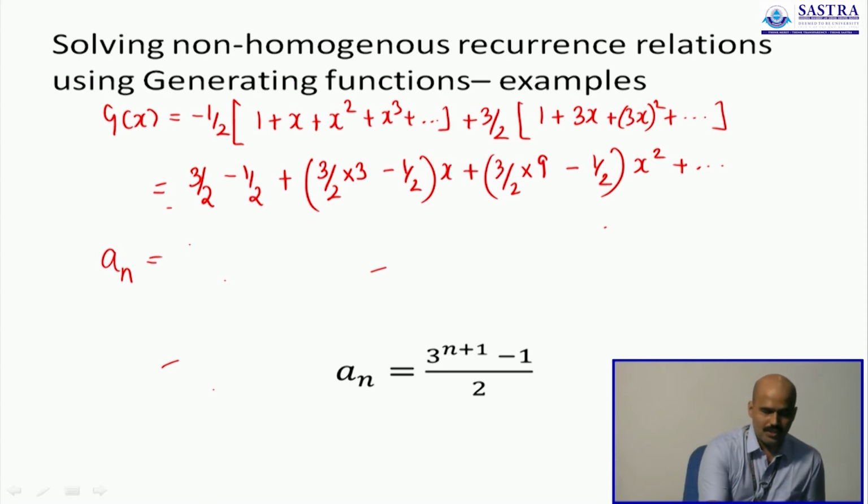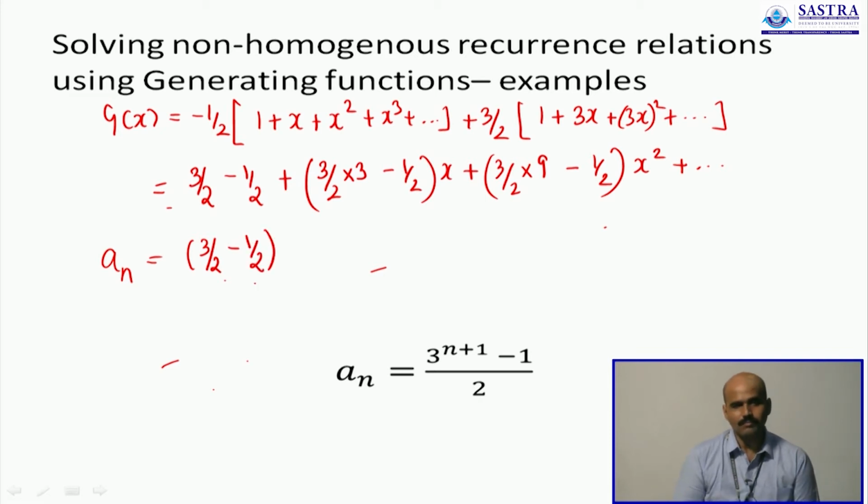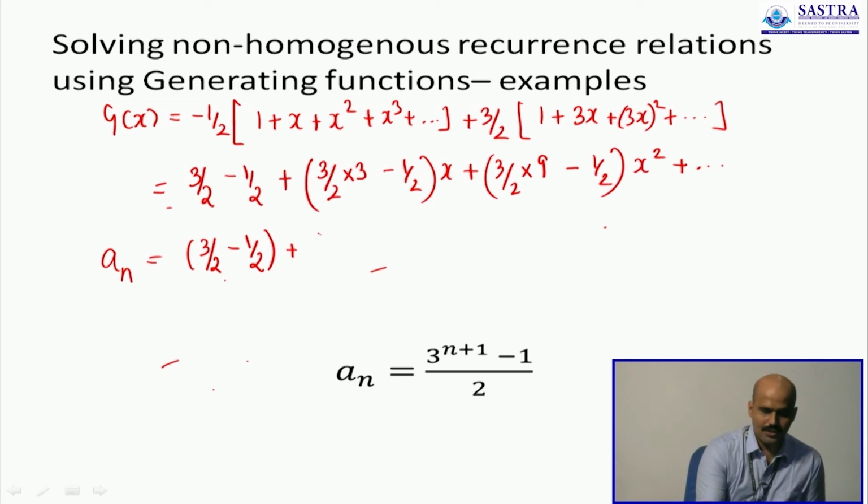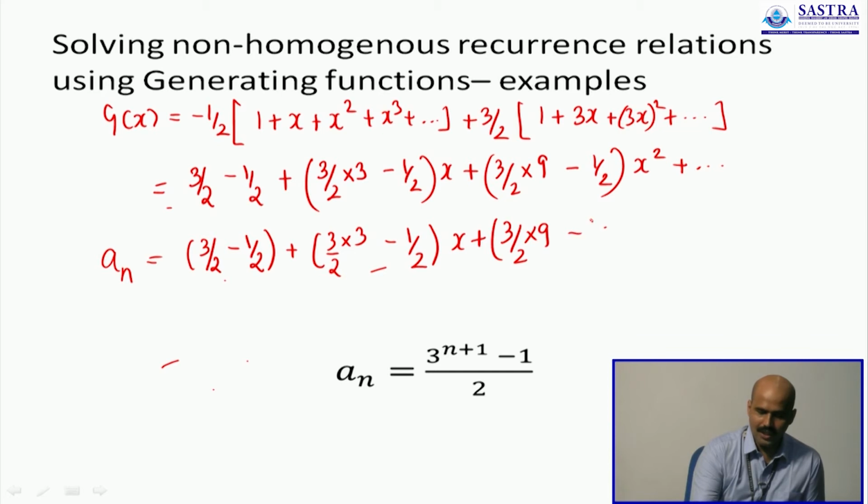The coefficients are as follows. The first coefficient, the constant term, is 3 by 2 minus half. The next term is 3 times 3 by 2 minus half again, and then we have 3 by 2 times 9 minus half again.